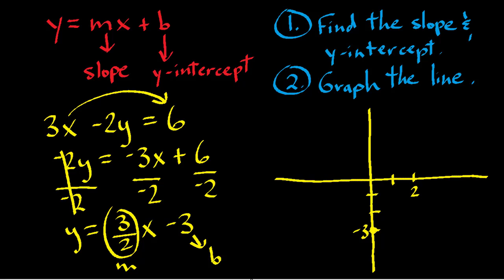So rise 3, run 2, and plot a point. And we always do that from the y-intercept. We can get another point here if we want. Rise 3 more. From this point, we rise 3, run 2 more. And now we have 3 points on that line.